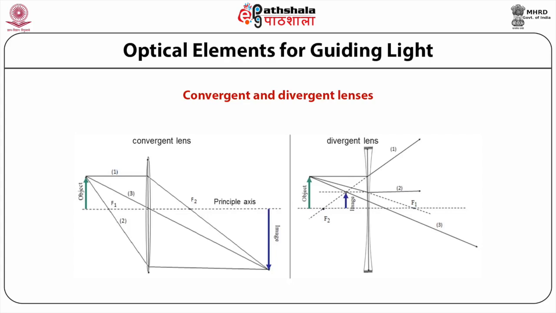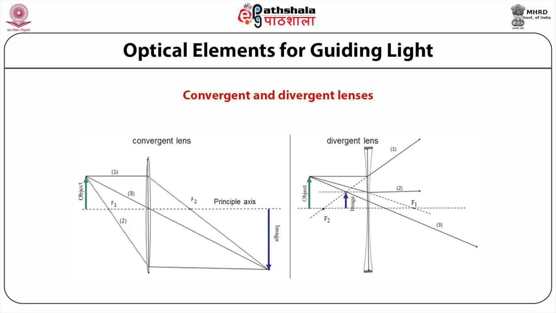In the second category, which is the divergent lens, light coming from infinity or light which is nearly parallel to the optical axis of the lens, after passing through the lens, appears to be coming from a point on the other side of the lens, and that point is at the focal length of the lens.